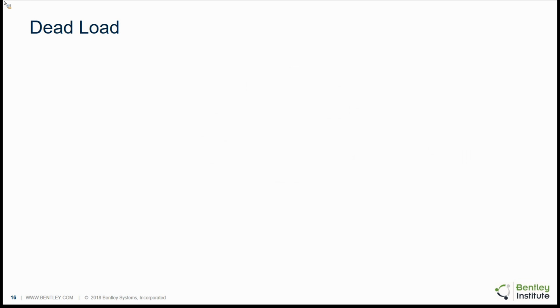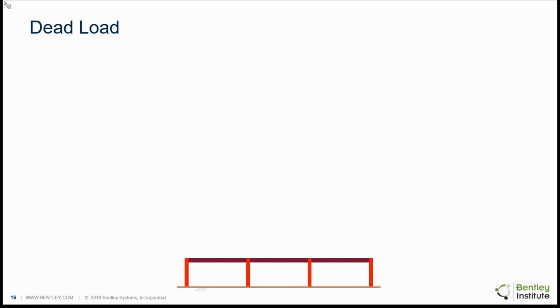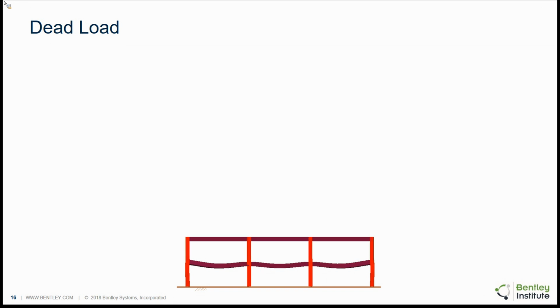But let's talk about dead load, because that's different now. In the construction of a building, they build the first floor, and then they remove the shoring, and so immediately the loads on that single floor are applied and the structure displaces. And then they come and they build the next floor on top of that.